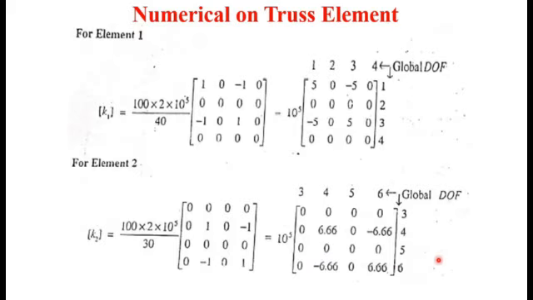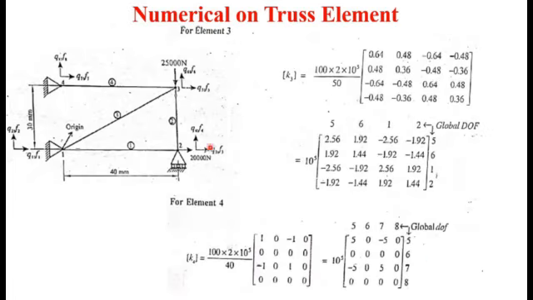This is the K2 matrix. Then similarly for K3 and K4. For K3, it is equal to A3 E3 divided by L3, and by putting all these values of L and M in this elemental stiffness matrix, we will get this.